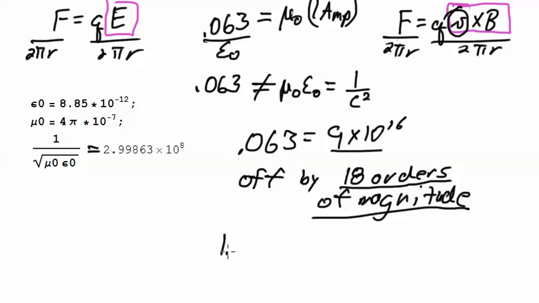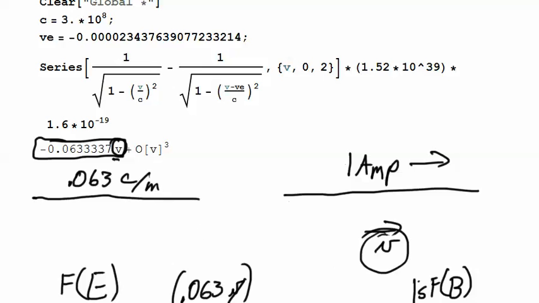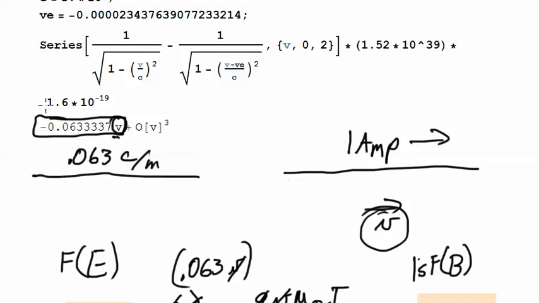Which really reminds me of the charge on an electron, 1.6 times 10 to the negative 19th. And I will tell you, I threw in that 1.6 times 10 to the negative 19th as an afterthought, because I thought that this number seemed too large. I'm not entirely sure if that was reasonable.